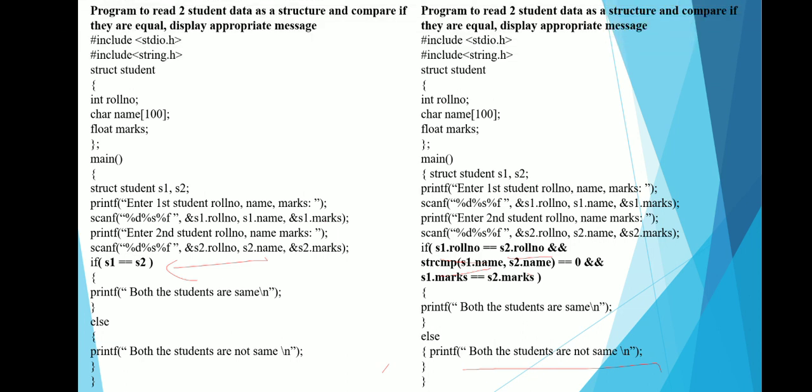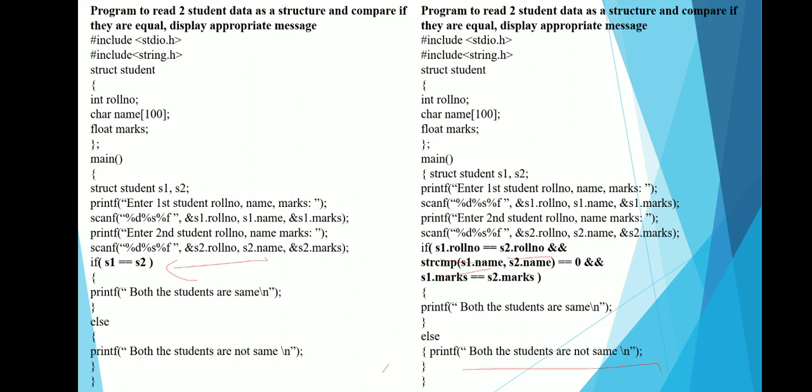So my first program will give you an error because we are trying to compare the whole structure variables. That is not permitted in C language. But in case of the second program, the result would be either both the students are same or both the students are not same, because here I am comparing the individual members of two structures.